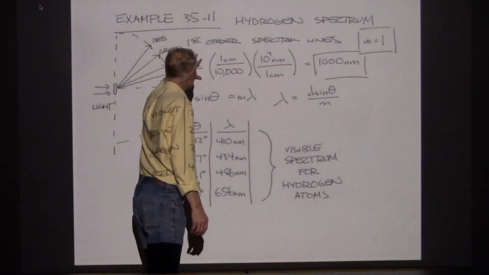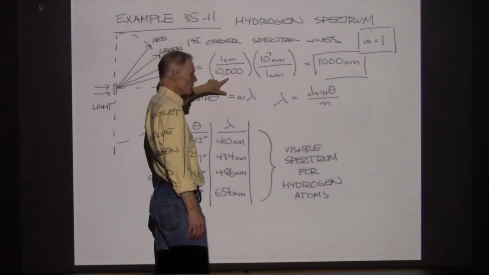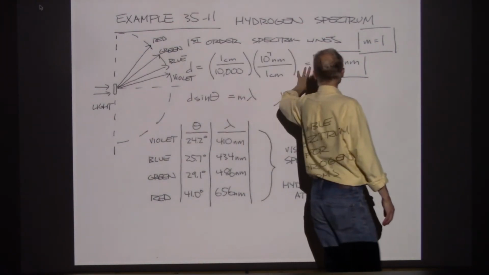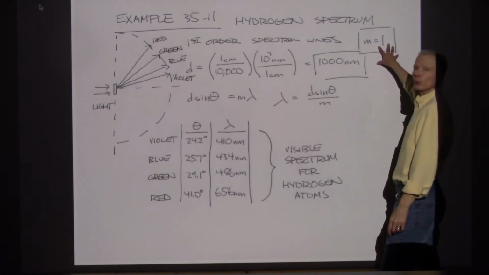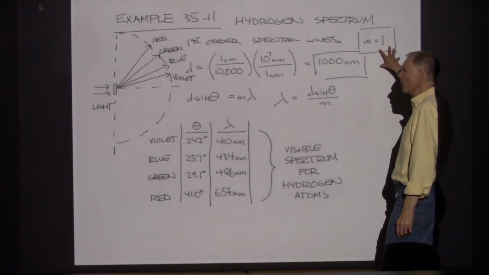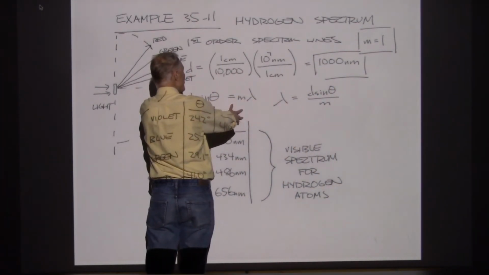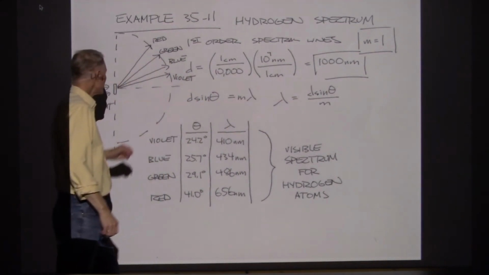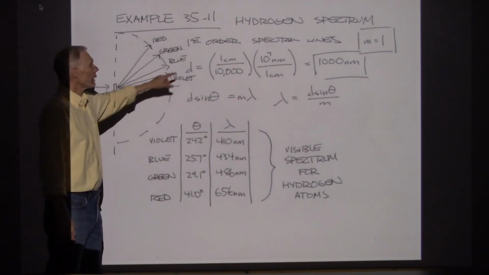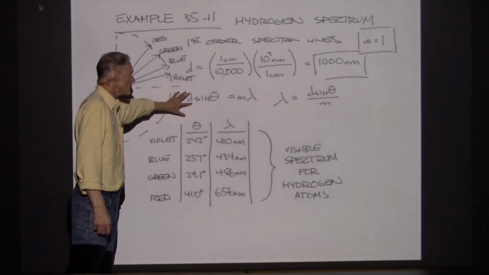Now the d value, this time it's back to 1 centimeter divided by 10,000. That gives us a d value of 1,000 nanometers, and we're going to look at the first order spectrum where we can reliably pick these out. We're using our old friend d sine theta equals m lambda and solving for the wavelengths. So in our diffraction grating, which has a d value of 1,000, put that in.